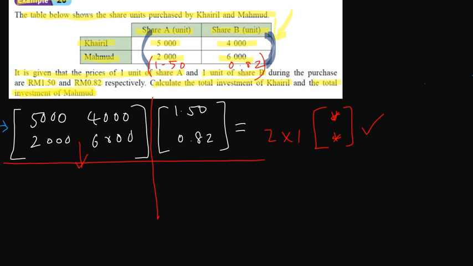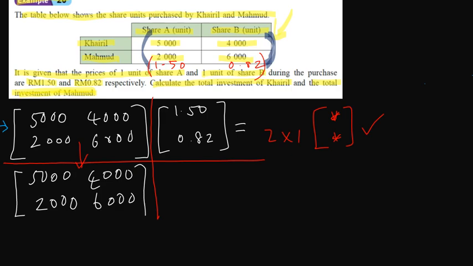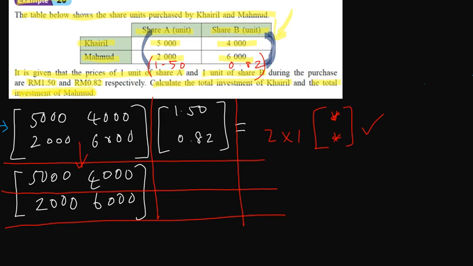Then I write back this matrix: 5,000, 4,000, 2,000, 6,000. Yeah, and then we make one line here, and one line here. Okay, and then you start to multiply.